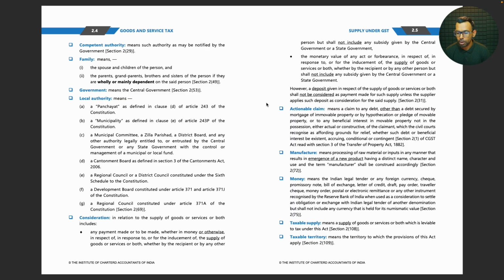Manufacture means processing of raw materials or inputs in any manner that results in emergence of a new product having a distinct name, character, and use, and the term manufacturer shall be construed accordingly.